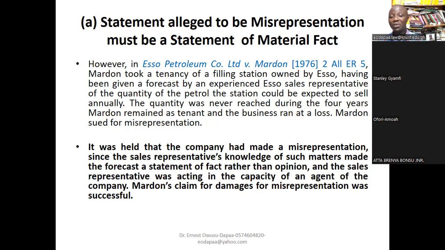In Esso Petroleum Company against Mardon, Mardon took a tenancy of a filling station owned by Esso, having been given a forecast, that is an estimate, by an experienced Esso sales representative of the quantity of petrol the station could be expected to sell annually, what they call the throughput. The quantity was never reached during the 4 years. Mardon remained as a tenant, and the business ran at a loss.